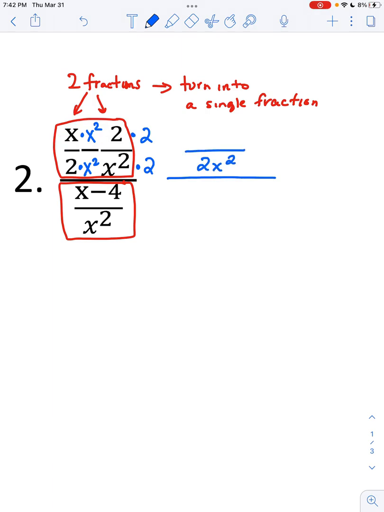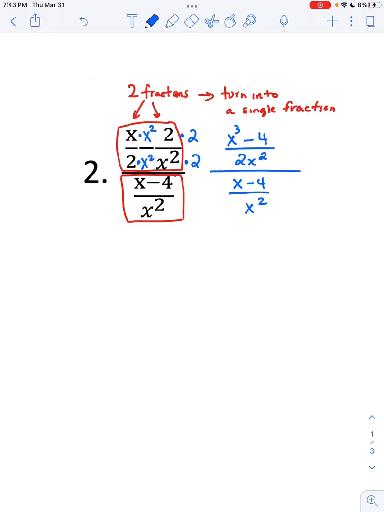I'll multiply x times x squared, giving me x cubed. We are subtracting, x cubed, and then 2 times 2. The denominator part of this, just down here, it's already a single fraction, so there is nothing we need to do with this guy at all.